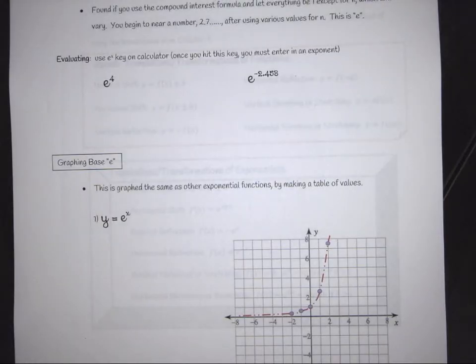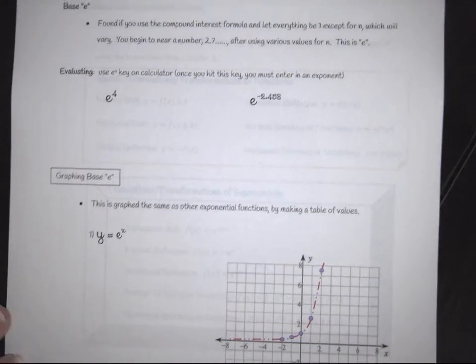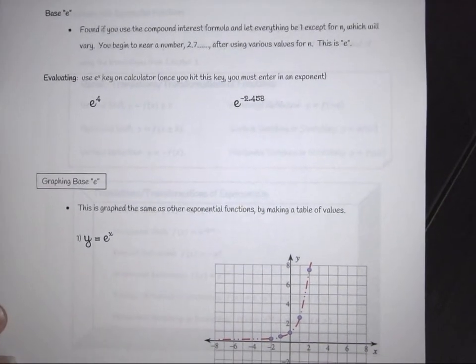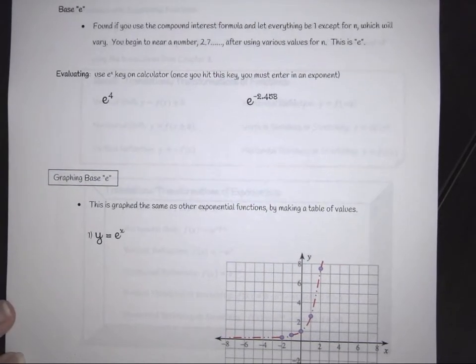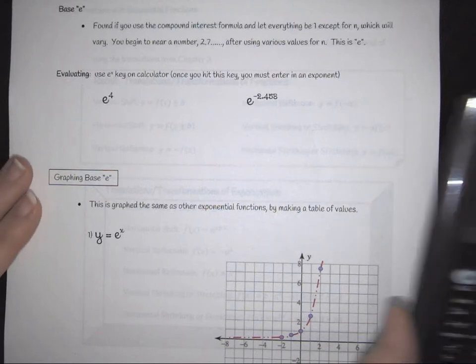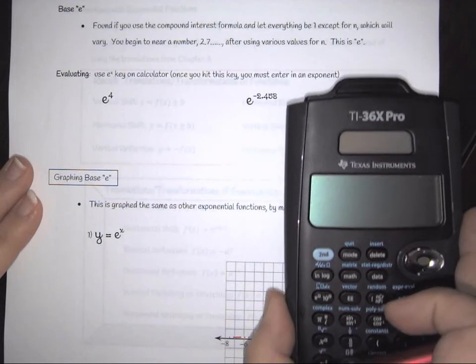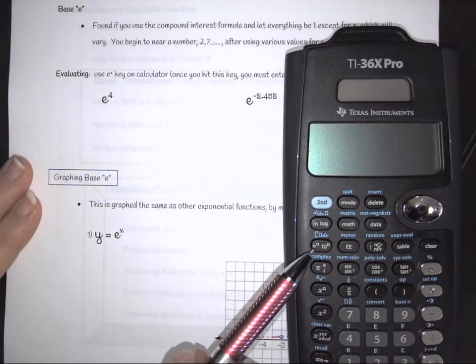Now, another exponent form that we have is called base e. So base e actually has a value. It is an infinite value, and it has a button on your calculator. If you look on my calculator here, I've got this e to the box.